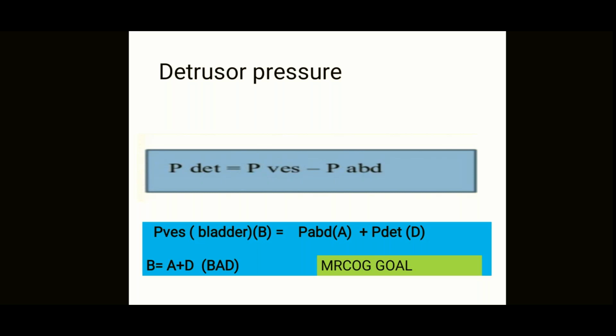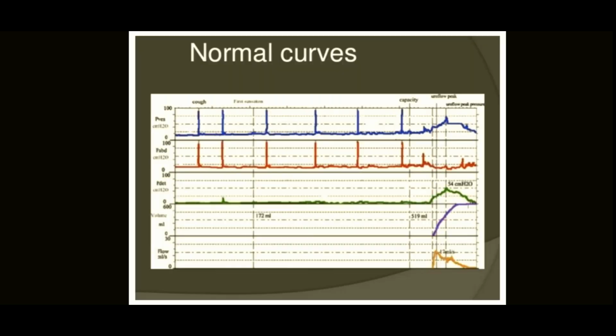So it goes like that. See if you can remember. This is a better option than the other things, because I think BAD is quite an easy way of remembering it, a word that we use in our daily lives, and we can easily remember that.